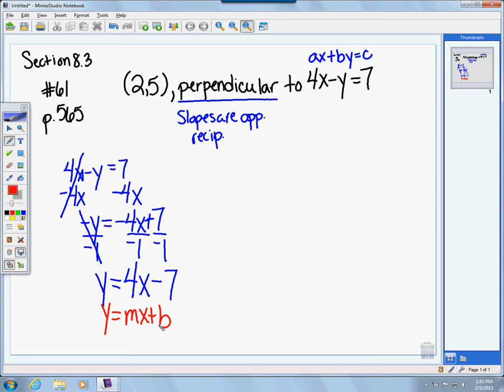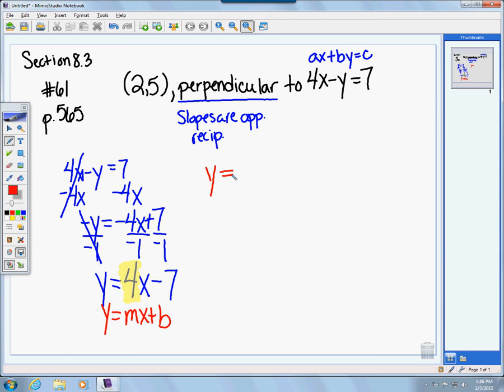Really, all that I need to do here is harvest a little bit of extra information from here, and that's just what the slope is. If I know that the slope here is 4, and I want to make an equation of a line that is perpendicular to it, that means my equation is going to be y equals, what's the opposite reciprocal of 4?